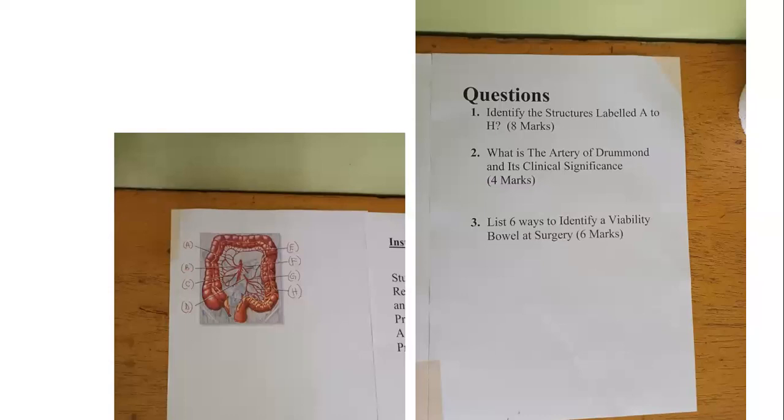The E is the marginal artery of Drummond. The F is the superior mesenteric artery. The G is the left colic artery, and the H is the sigmoidal artery. This is the blood supply to the colon.